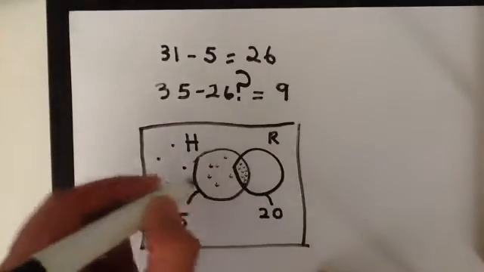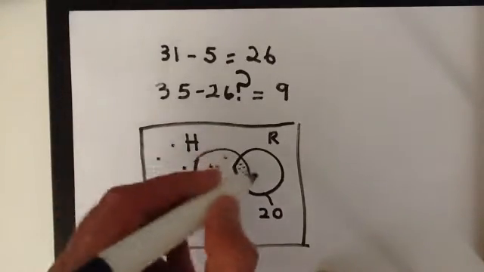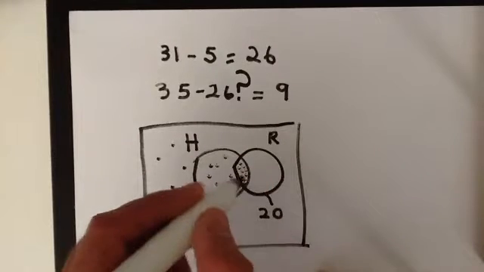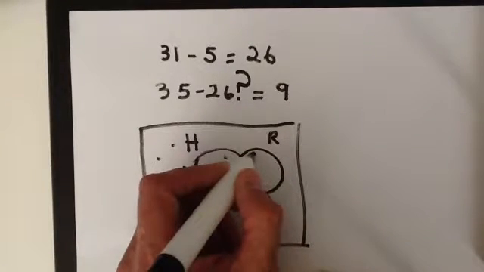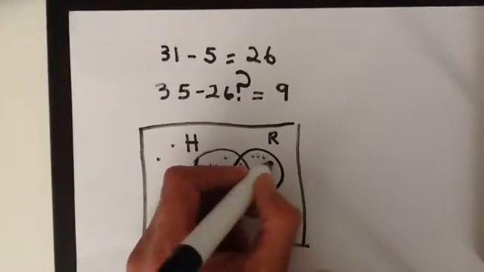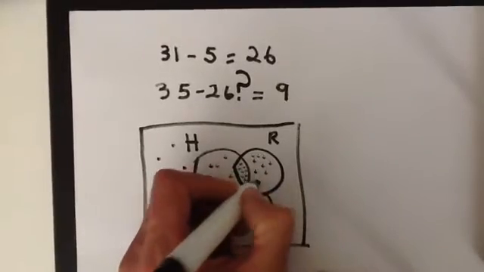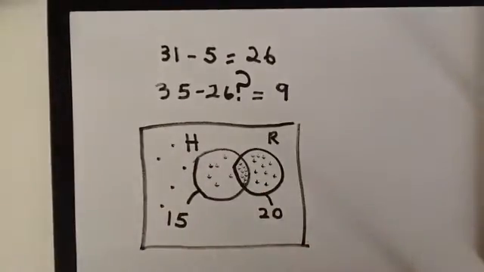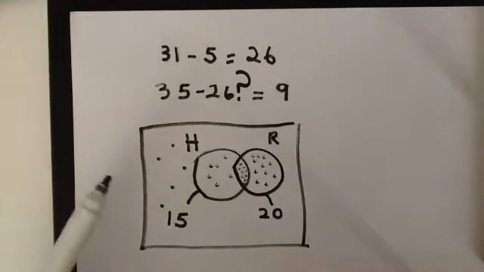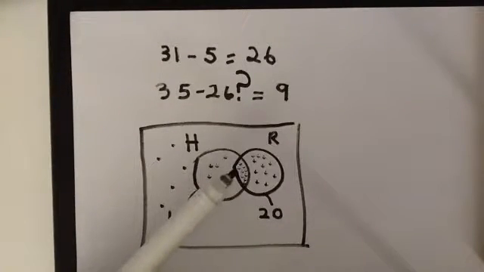Then 9 plus 6 will make my 15. I want 20 here. I've already got 9, so I need 11 out here. 1, 2, 3, 4, 5, 6, 7, 8, 9, 10, 11. So there's your answer to the problem. There were 9 days when it was both hot and rainy.